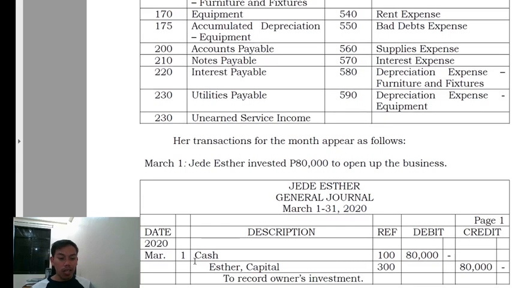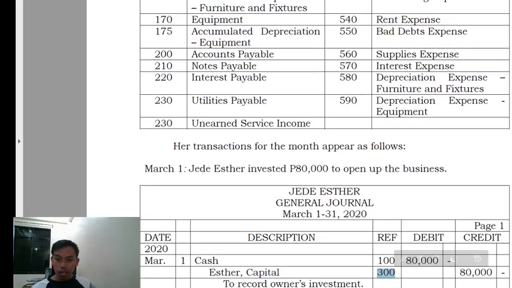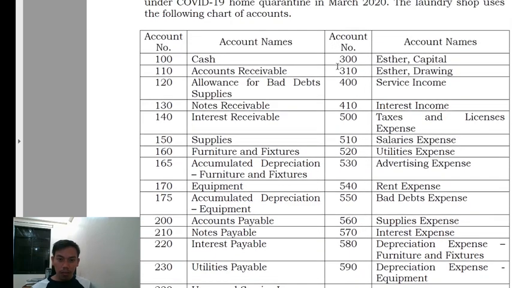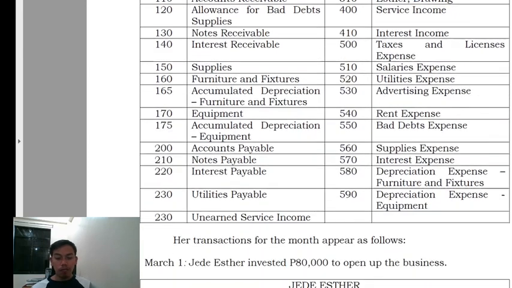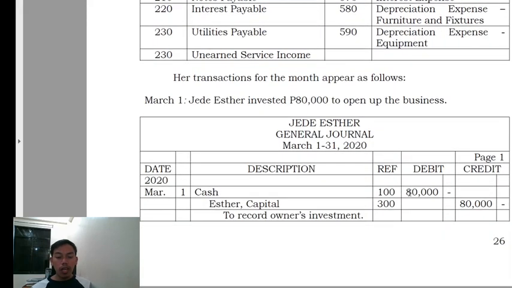So, may credit tayo, may indention, may space dito. You indent Esther capital. Ang capital account, ano ang reference number niya? Check natin, 300 daw. O, di tama. 300, Esther capital. Then, 80,000. So, dash at the end, dash.